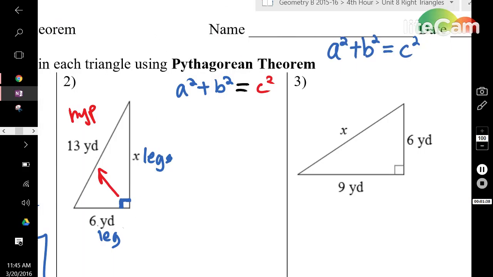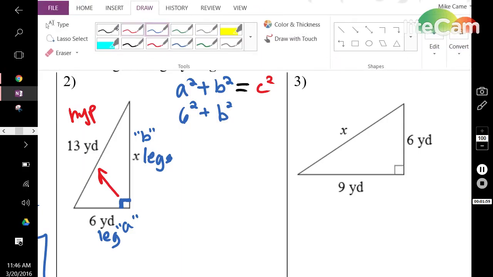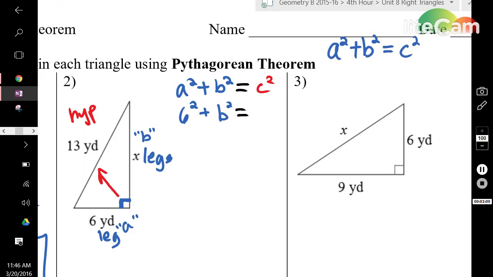So first 6, we'll call it a, and it doesn't matter if you use that for a or for b because they're interchangeable. b squared, that's going to be our x over here. It's our b. This is our a. And then c squared, that's going to be 13 squared.